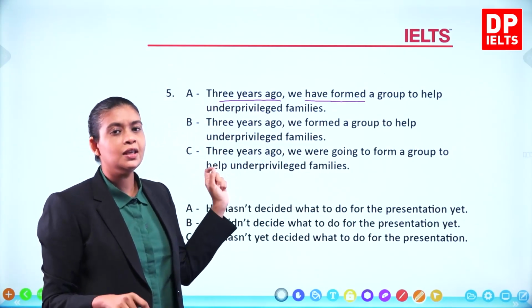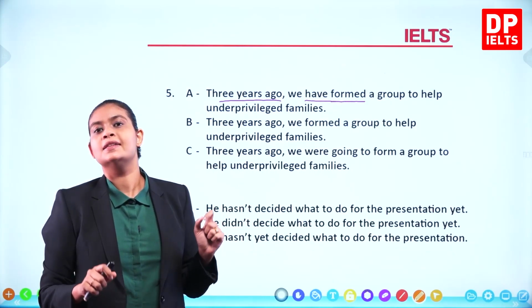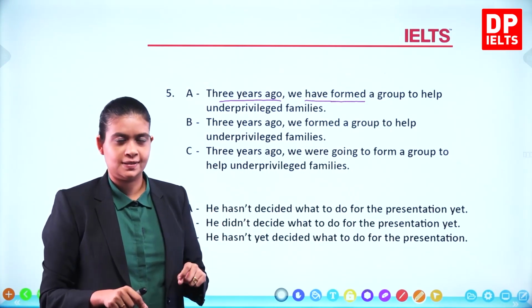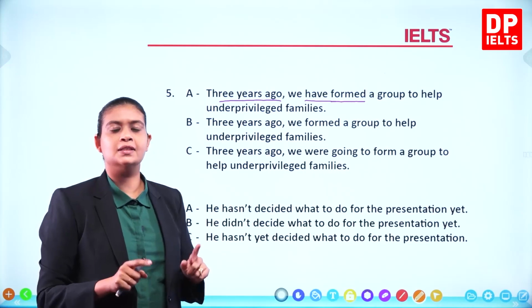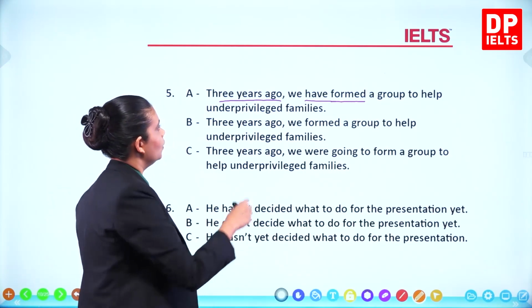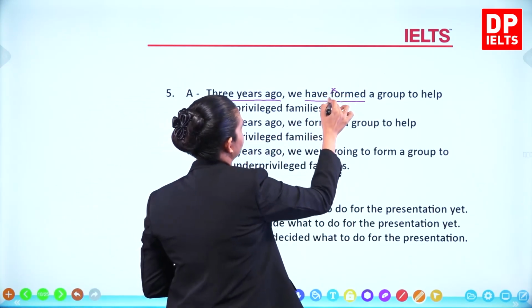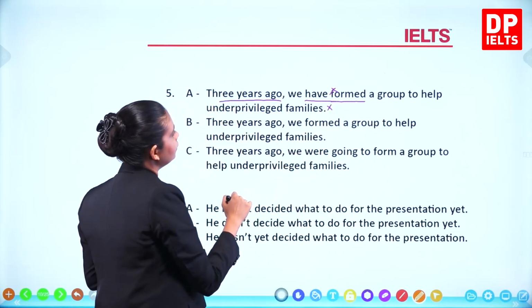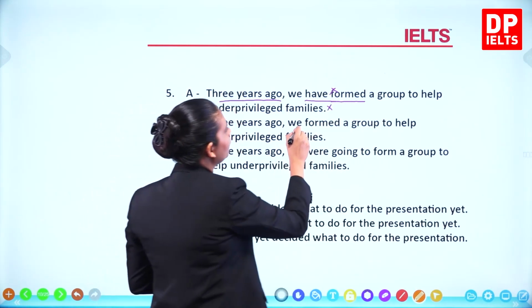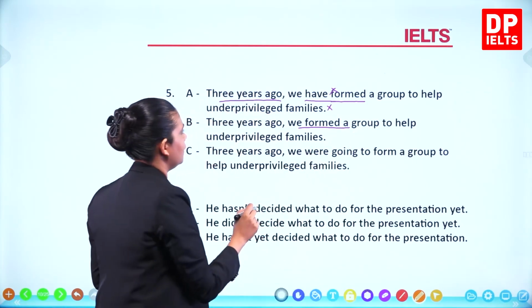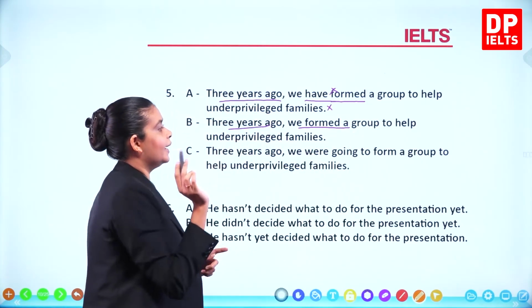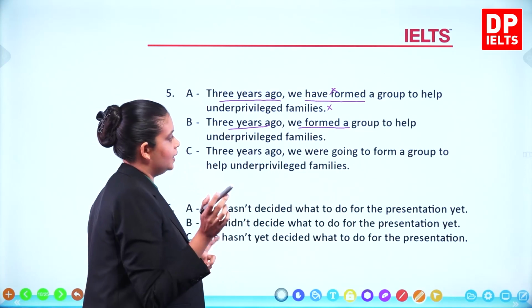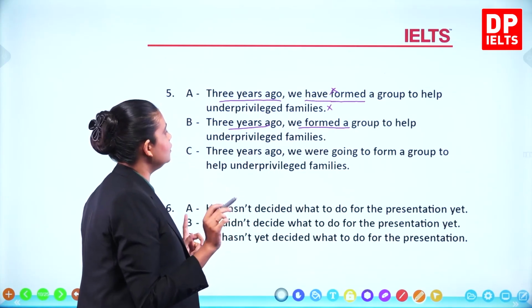Because "three years ago" is in the simple past tense. It gives us the time frame, so that is wrong. "Three years ago, we formed a group." That is fine, right? So, we did that in the past to help underprivileged people.